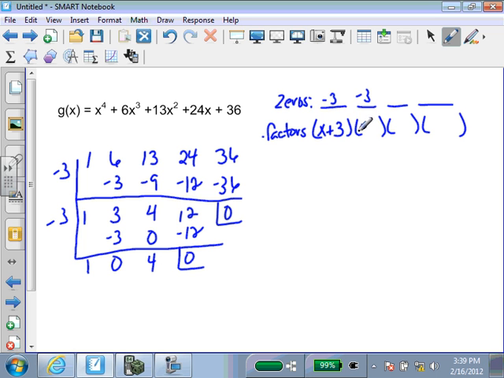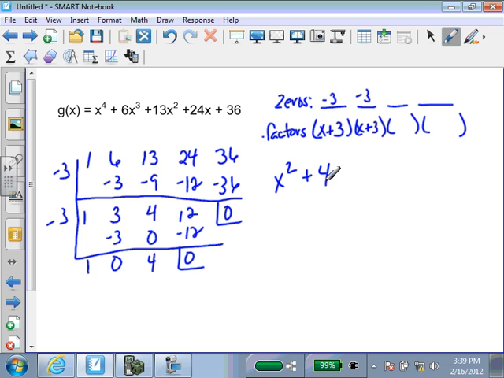True enough. 2 of the zeros are at negative 3, so 2 of the factors are x plus 3 and x plus 3. Gone from a 4th degree to a 3rd degree, from a 3rd degree to a 2nd degree. So this is x squared, no x's, plus 4.